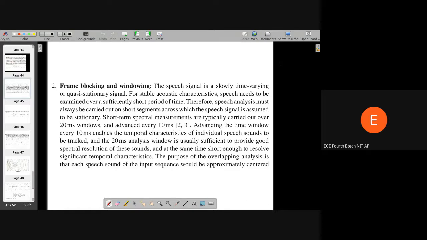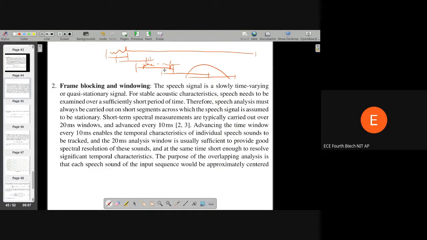Do the opposite. Either you take the entire speech signal, whether 3 seconds, 4 seconds, or 1 minute, it does not matter, first do pre-emphasis and then do frame by frame segmentation and windowing on each frame.